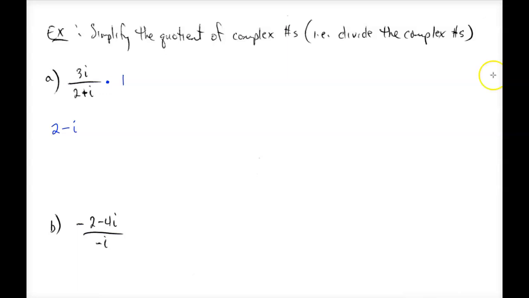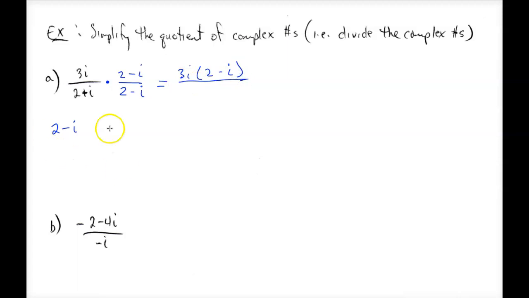But the way in which we're going to write 1 is as conjugate of denominator divided by conjugate of denominator. In doing this, the numerator we're just going to work with as we normally would if we were multiplying.